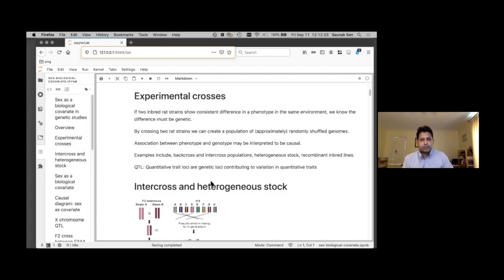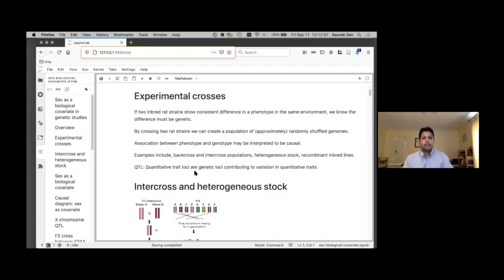So examples include backcross, intercross, heterogeneous stocks, recombinant inbred lines, collaborative cross, BXDs. These are all examples of experimental crosses where the genomes can be considered approximately shuffled. And the definition of QTL is quantitative trait loci.